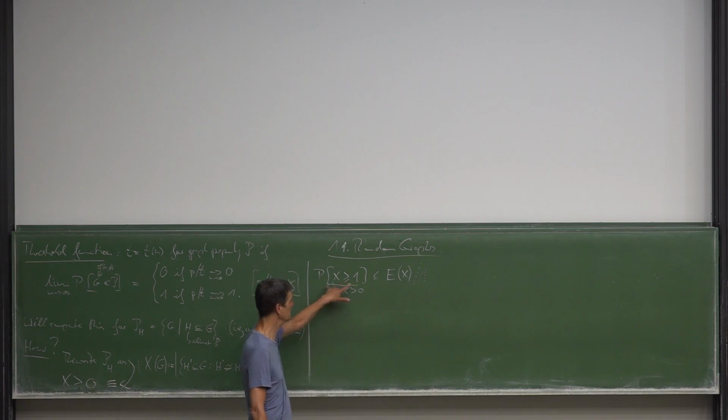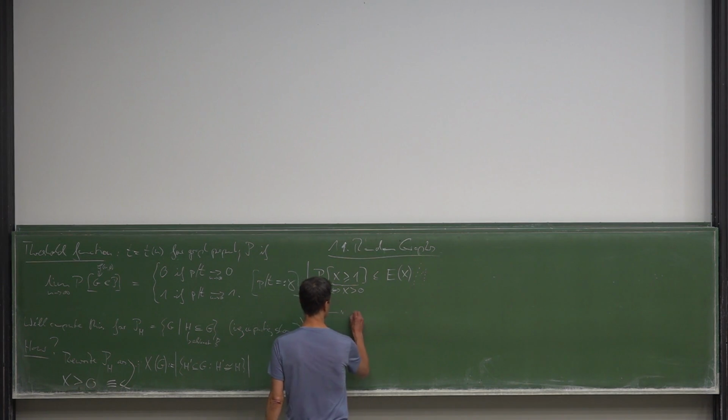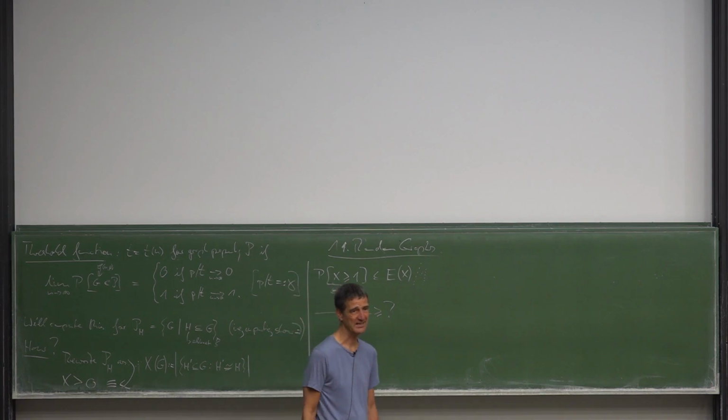We want to show that the probability that X is positive, strictly positive, is at least something. How do we do that? Expectation again?